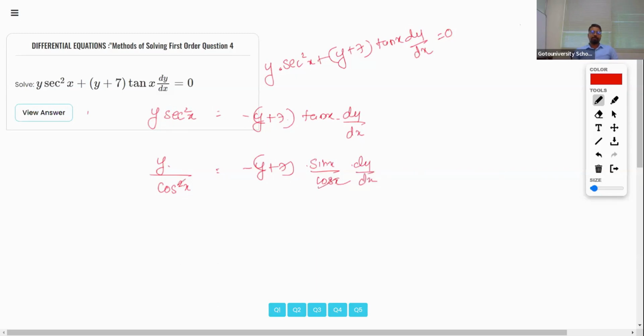Very good. So now I'm going to keep the variables like this. Let me rearrange this. y plus 7 divided by y dy, am I right? Is equal to, I'm bringing the sin x to this side.